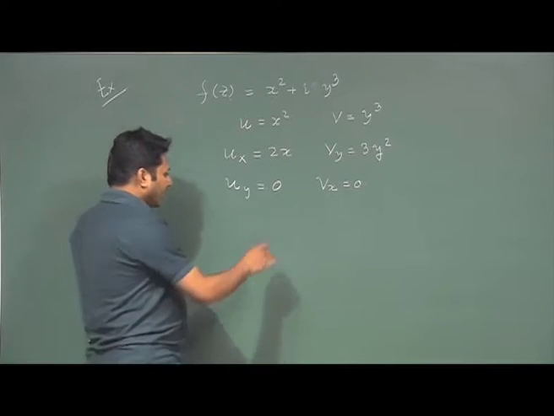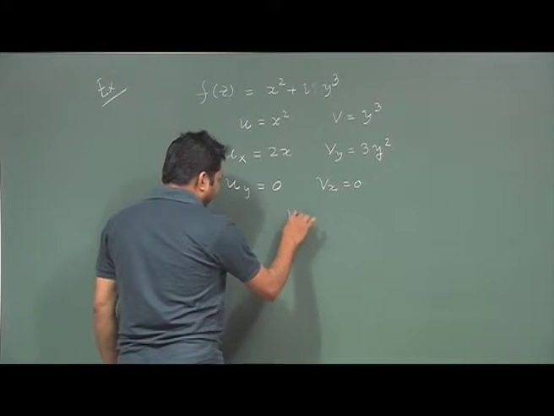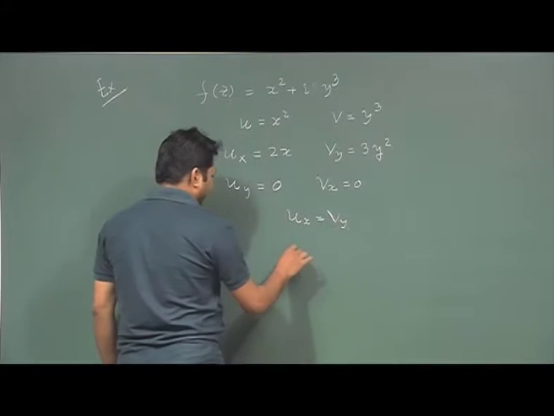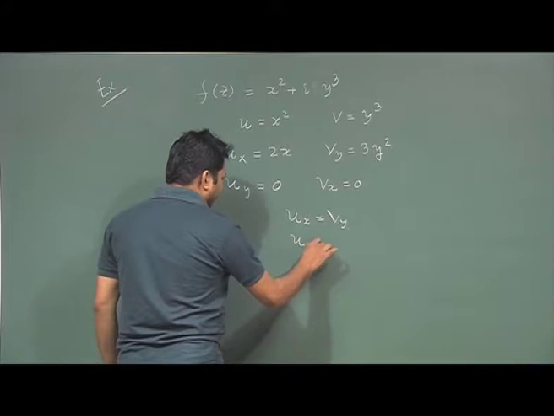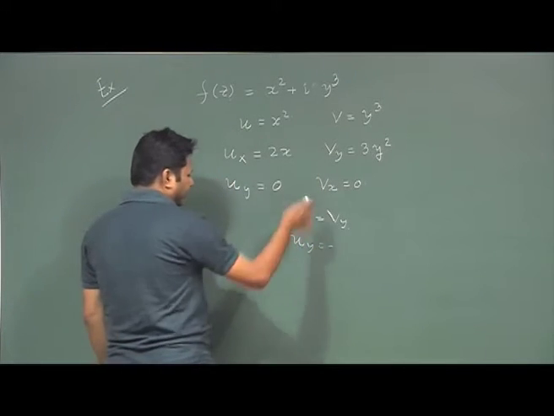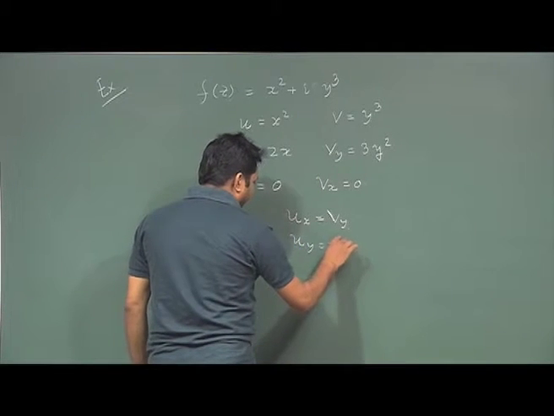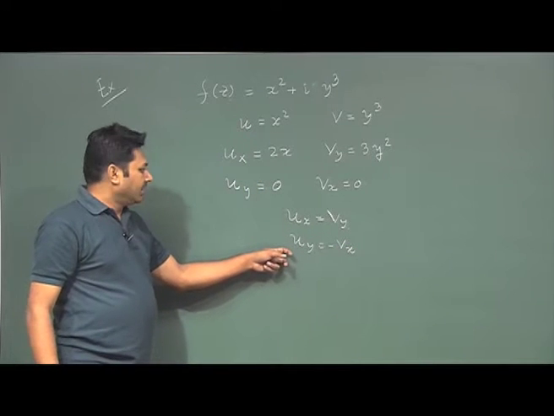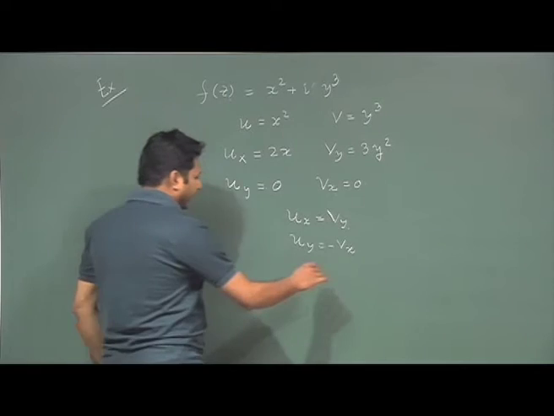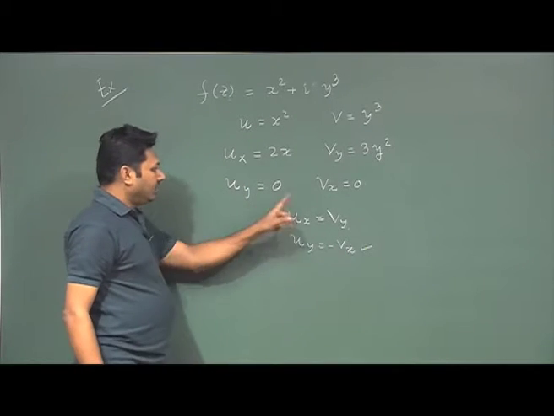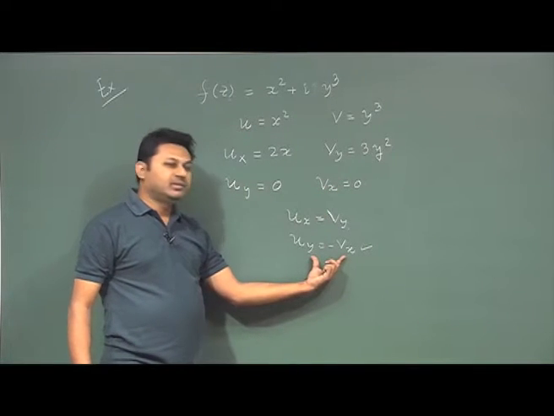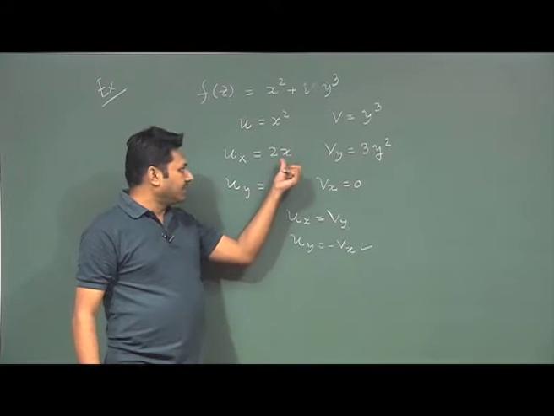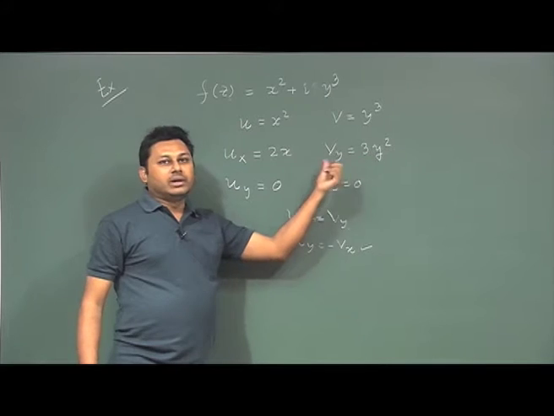So, that means if I try to find out u_x is equal to v_y, and correlate with this, whatever expression we have, with the Cauchy-Riemann equations, then we find that this case it is valid because u_y is 0, v_x is 0. So, this is okay, but this one is not okay except if x and y follow certain rules.